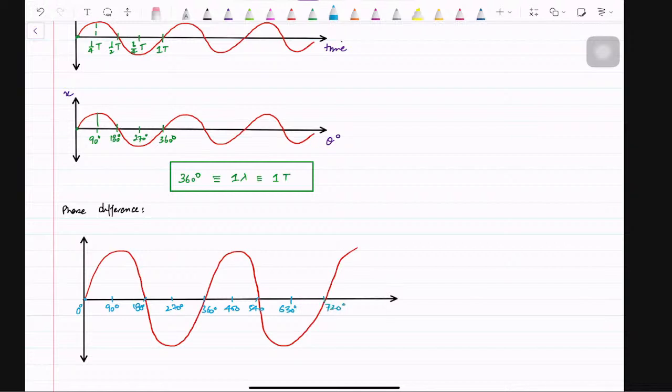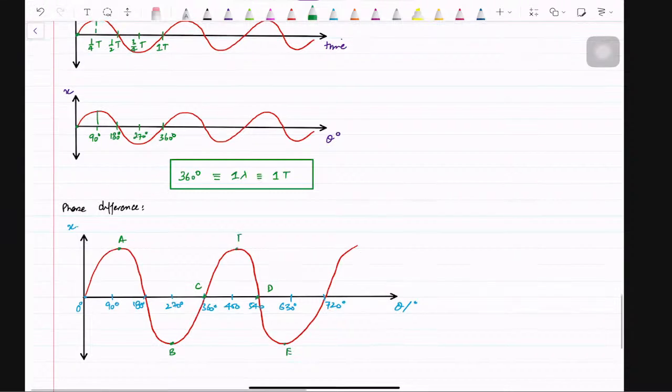This is theta in degrees, and that's displacement. Now we're looking at certain points: A, B, C, D, E, and let's call this F.